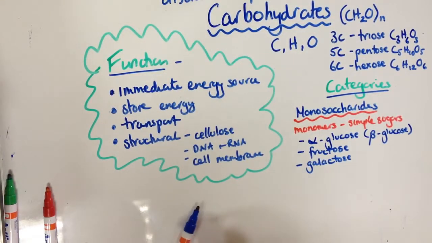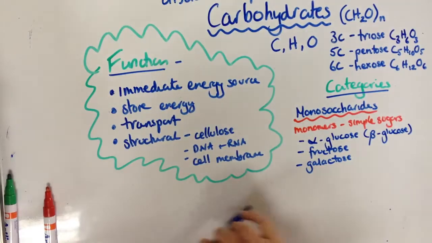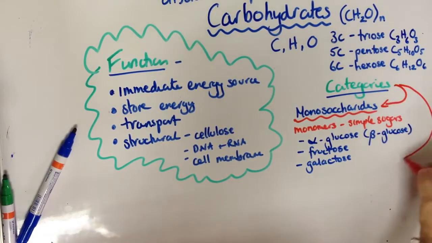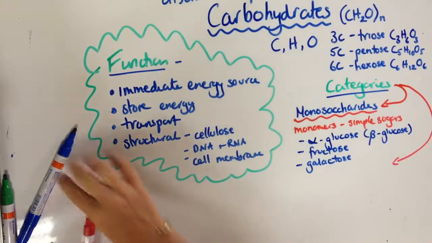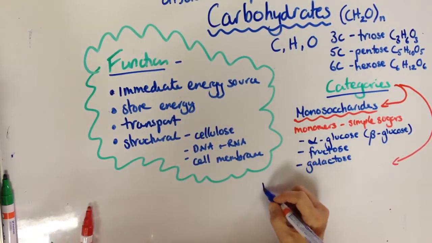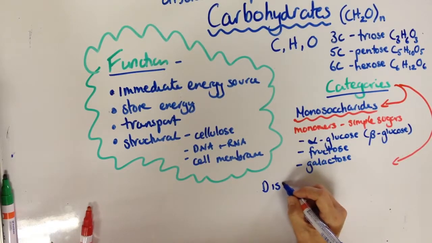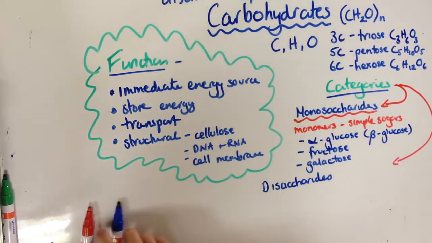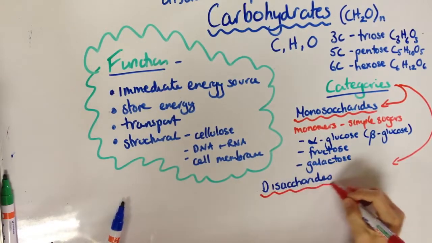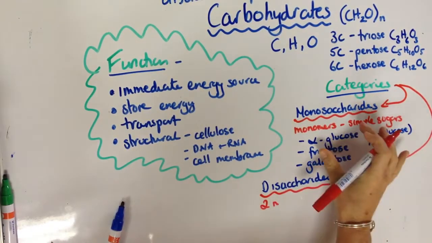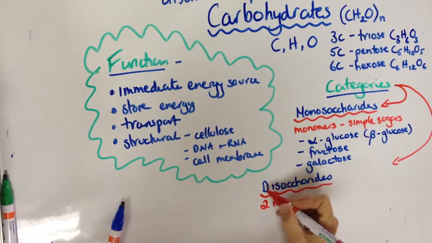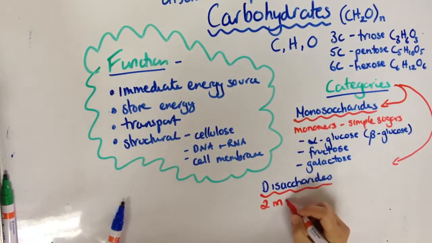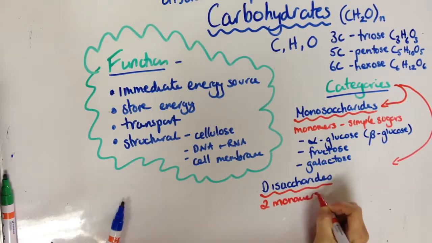Of course, we've got our monosaccharides, and we've also got our disaccharides. The disaccharides are basically made up of two monomers joined together, and that's where the term di comes from, meaning two. So it's two monomers bonded together.